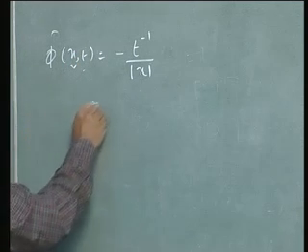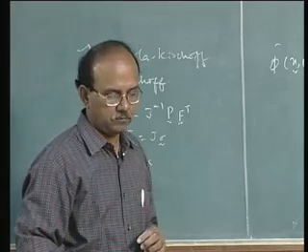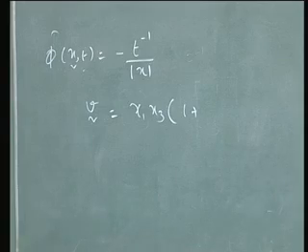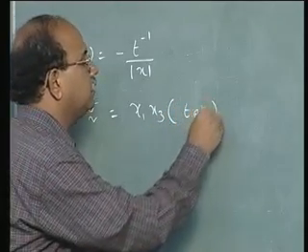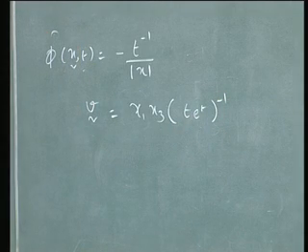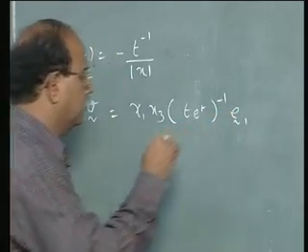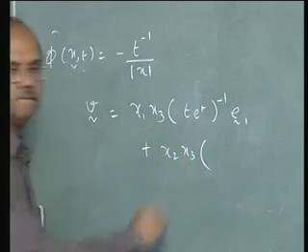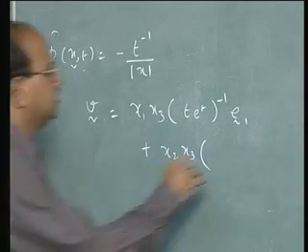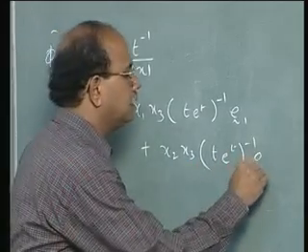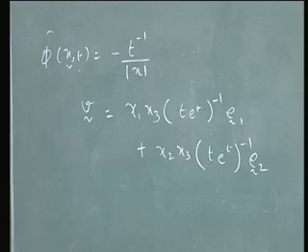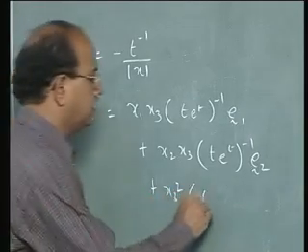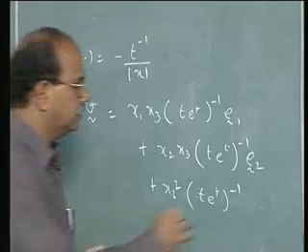Now let an observer travel with a velocity v, which is given as x1 x3 into t e power t inverse e1 plus x2 x3 into t e power t inverse e2 plus x3 squared into t e power t inverse e3.